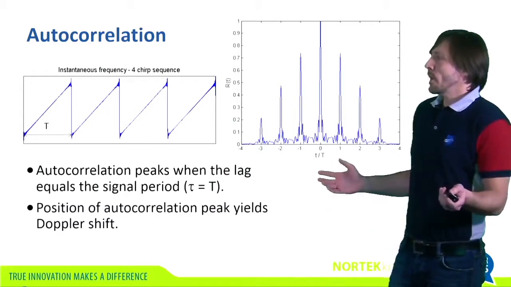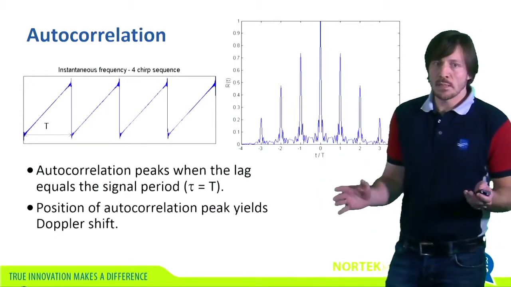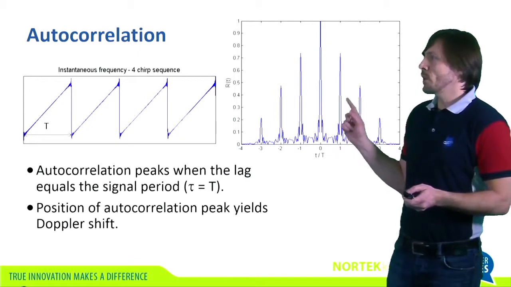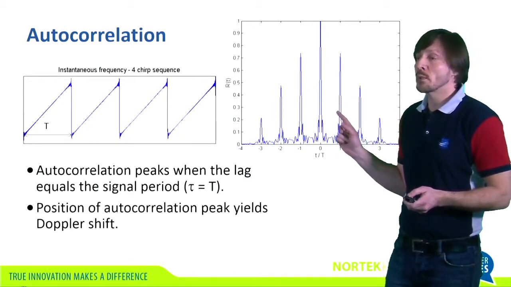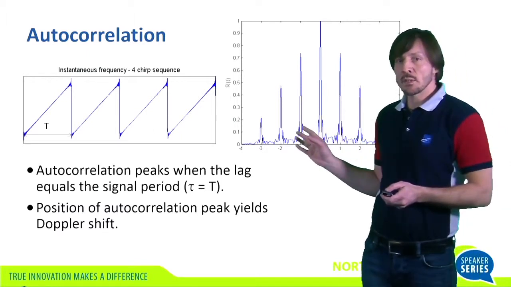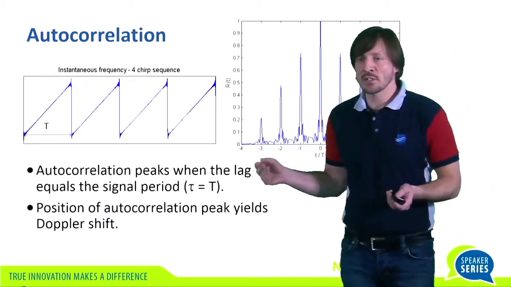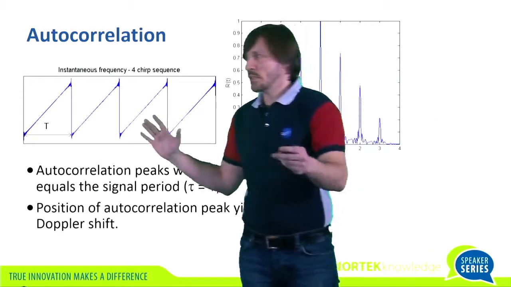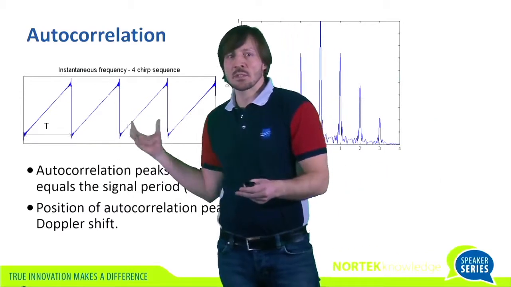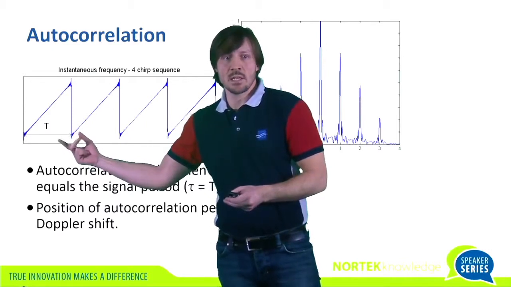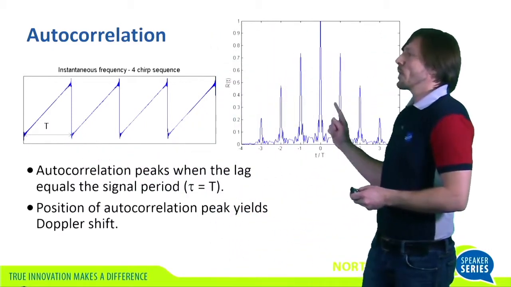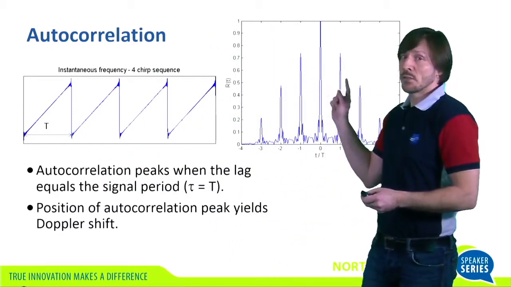The important point here is that this peak occurs at the period of the signal. So if this period is changed, if it has been subject to a Doppler shift, it means that this sequence has been either stretched or compressed, which means that this time T has changed, which means that the position of this peak has shifted.